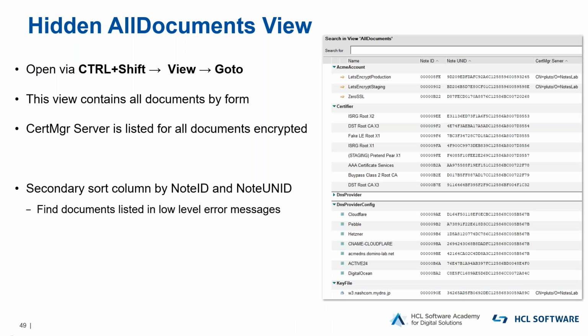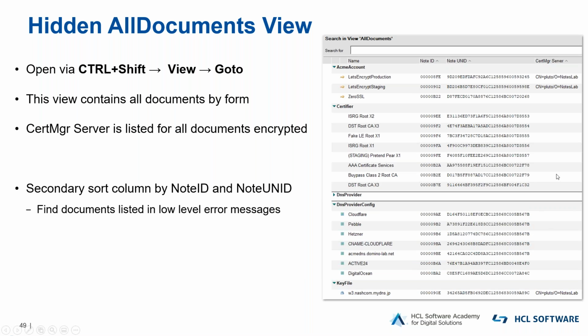And last but not least, there's a hidden all documents view that gives you all the documents. So if you get an error message that has a unique ID, a node ID, you can go in and sort it by node ID or unique ID, and it also has the Cert Manager server listed.